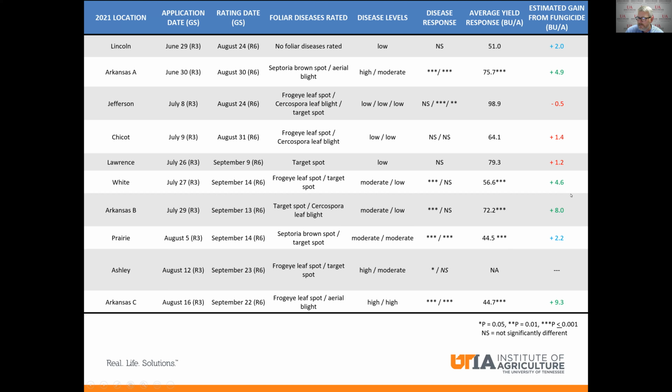And then later in the season, every single trial that we applied later, that was maturing later, had differences in yield when compared to the untreated control. But in both years, we had these earlier, not necessarily early, but earlier maturing soybean fields where we had this severe Septoria brown spot, and we saw differences in yield where we applied fungicide versus where we didn't.